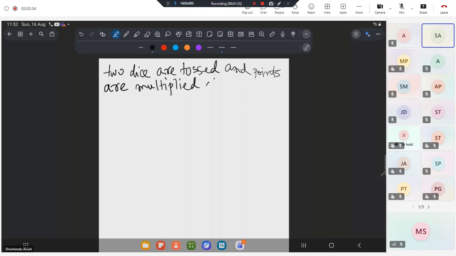What is the probability of getting, say, 12? Simple, like two fair dice. You can write it as a fair dice, otherwise it will be problematic.